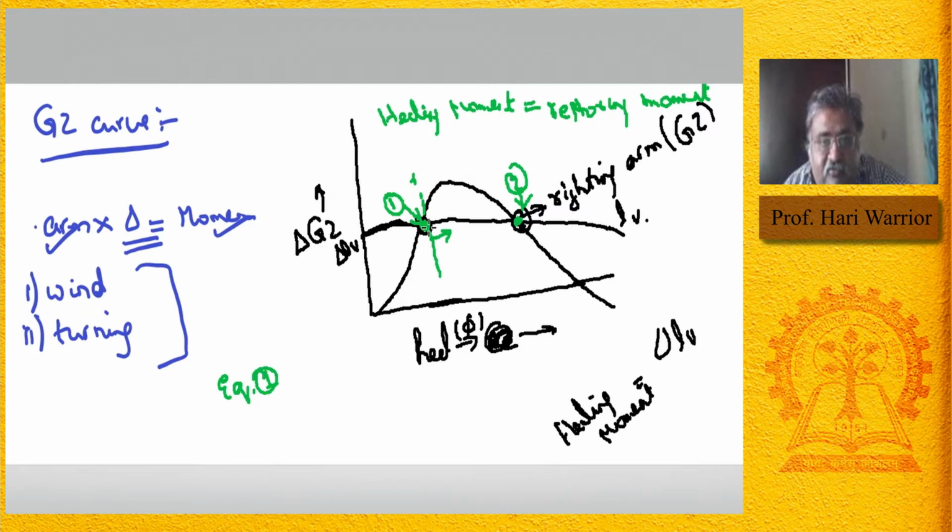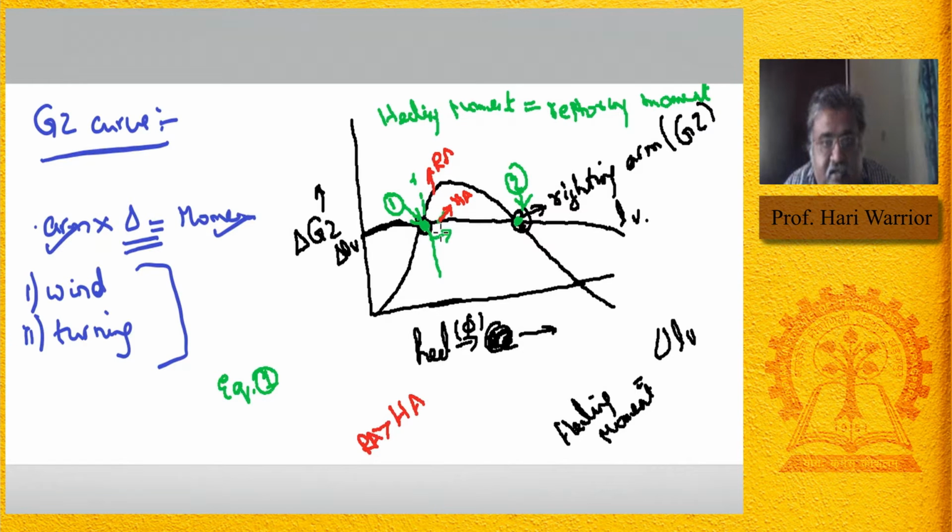And as you go in this direction, this one is the heeling arm, I am writing HA, and this one is the restoring arm, I am writing RA. You can see that at this point, as the heel increases, RA is greater than HA.